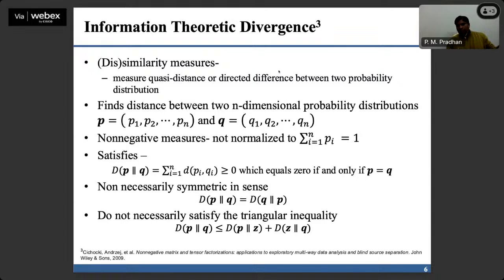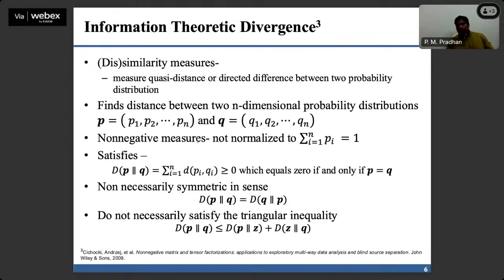Okay, so it's not necessary that those 100 samples will form a PDF which would ensure that summation of p_i is equal to 1. Okay, but it satisfies certain criterion. For example, when you look at the measure that is written in terms of the italic capital D, what we can say is that the summation of the distance between p_i and q_i is greater than or equal to 0.